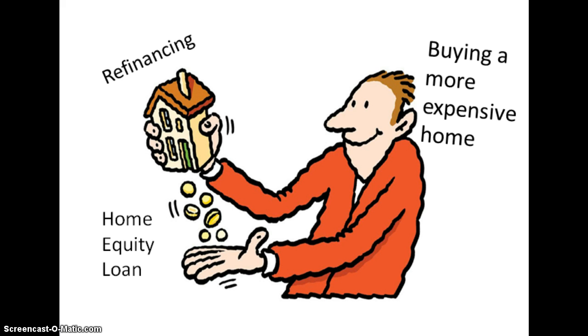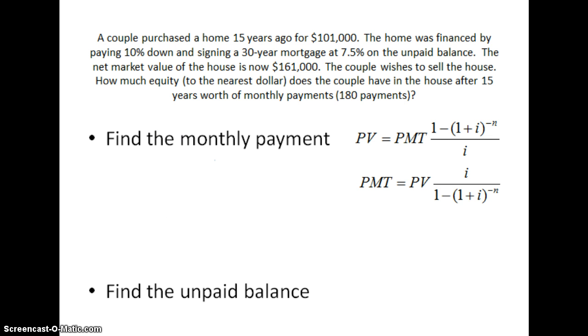The way that we'll do that is using one of our financing formulas. So let's take a look at a word problem. We have a couple who purchased a home 15 years ago for $101,000. It was financed by paying 10% down and signing a 30-year mortgage at 7.5% on the unpaid balance.